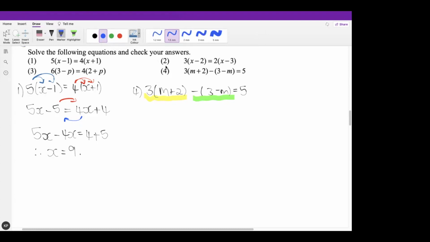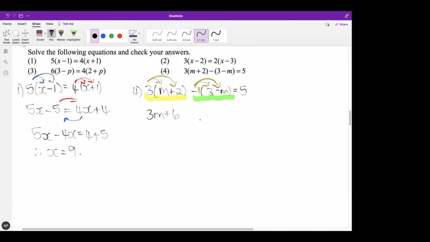Let's hear. We only change the sign. Nice, Buhlale. Nice. So it's still a distribution, but it's negative 1 because if there's nothing in front of my bracket, there's a 1. So then 3 times m will give me 3m plus, what is 3 times 2? 3m plus 6.